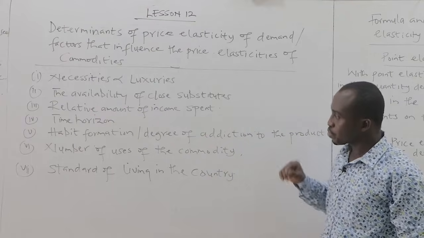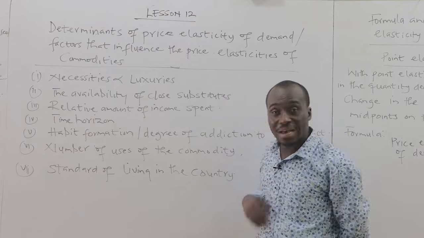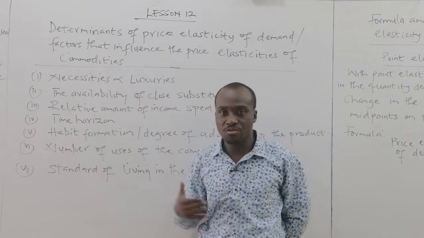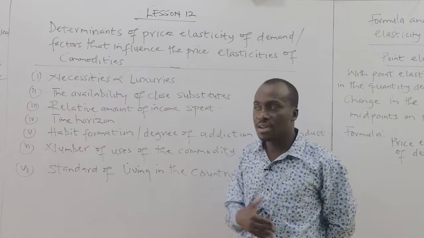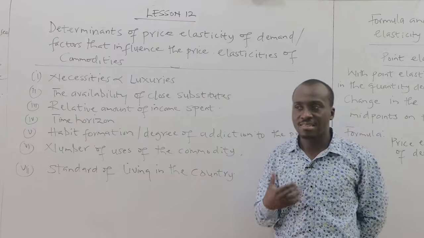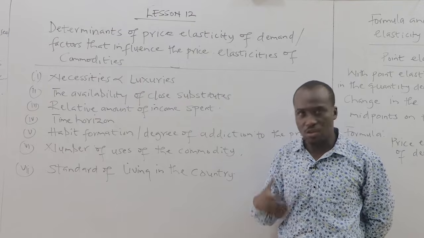Number one of the reasons that cause a good to be elastic or inelastic is whether the commodity is a necessity or a luxury. What is a necessity? A necessity is a commodity you cannot live without, like food, shelter, clothing, accommodation and those things.